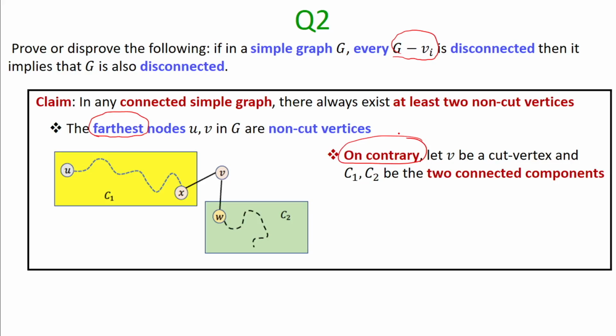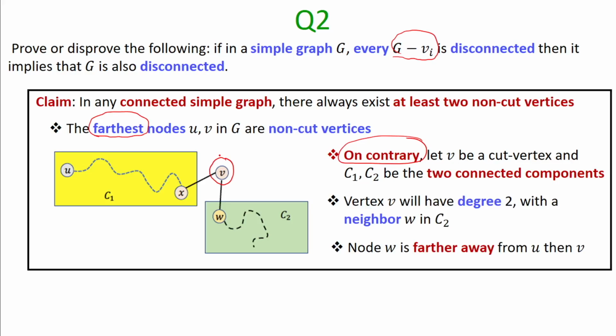So if the vertex v is a cut vertex, that means by deleting the vertex v, my graph gets divided into two connected components, C1 and C2. And this means that the vertex v has degree at least 2, and it will have at least one neighbor, say w, in the component C2.